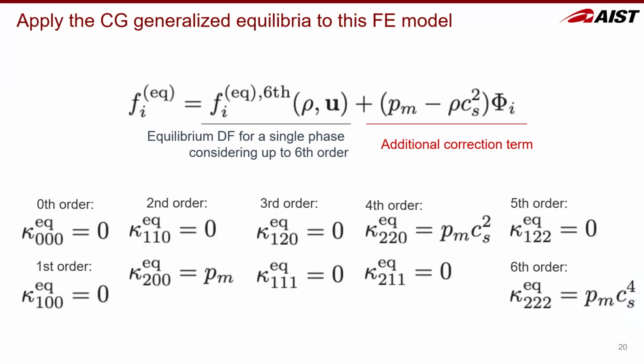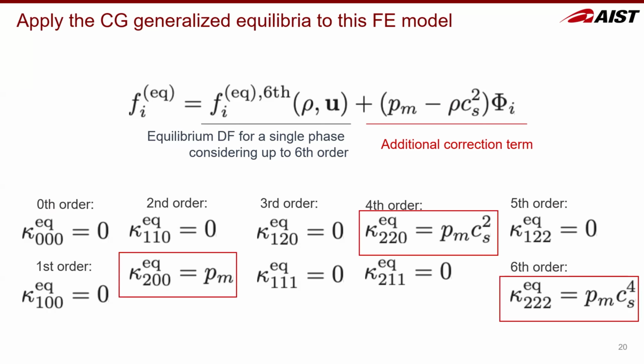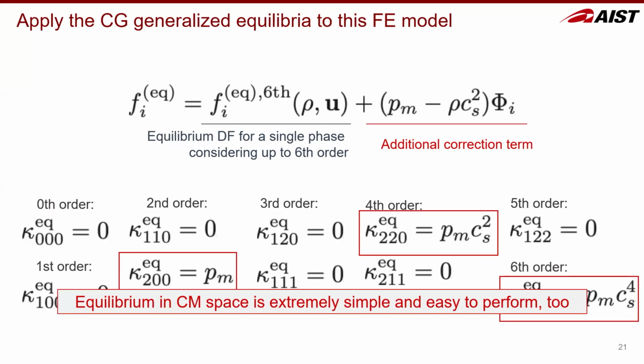As a result, in a similar way as seen in the color gradient, only several even moments have non-zero terms, and other equilibrium central moments are no longer velocity dependent. So for this case, the equilibrium central moment becomes quite a simplified form and easy to implement.